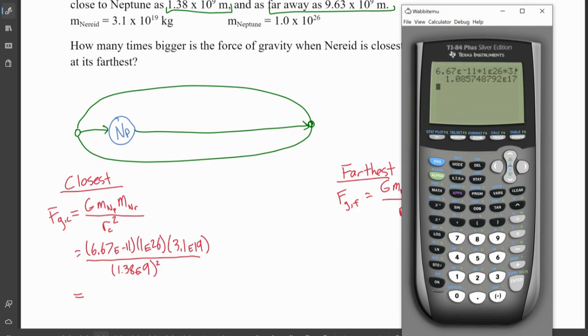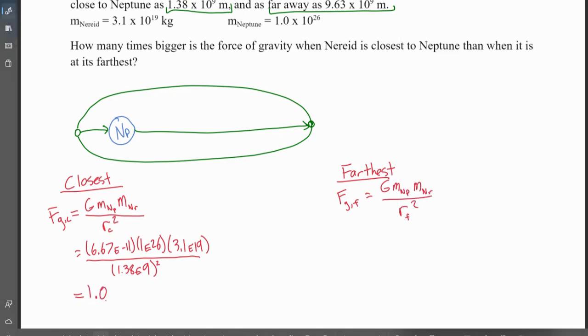All right, there we go. 1.09 times 10 to the 17th. Times 10 to the 17th is a force, so newtons. Okay, so that's when it's closest.